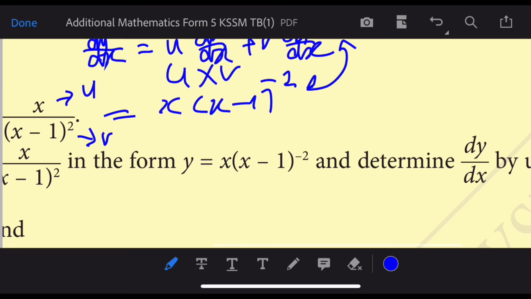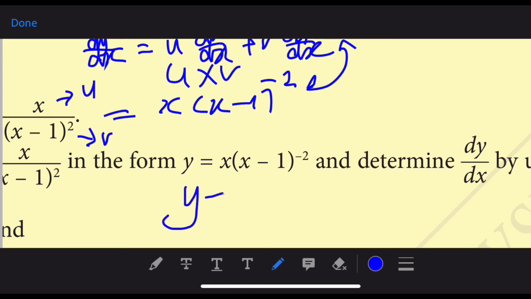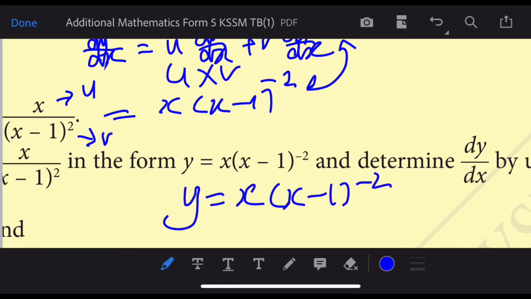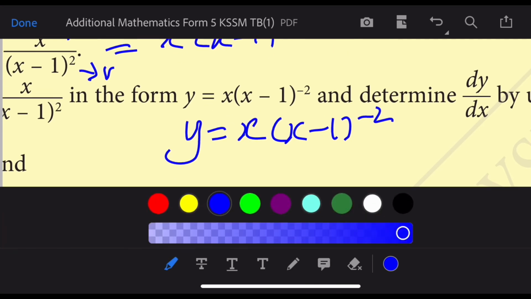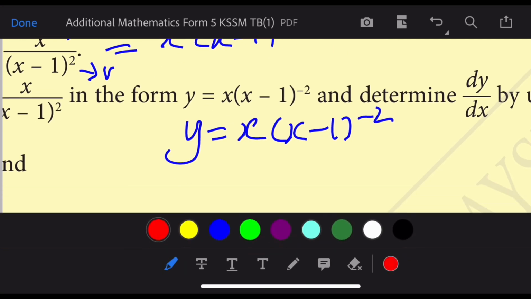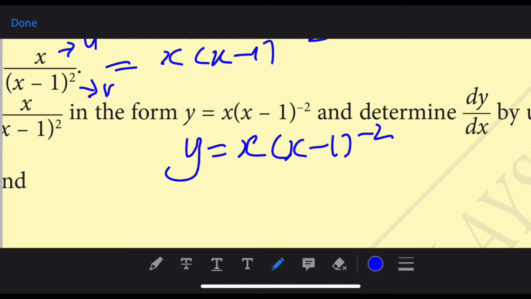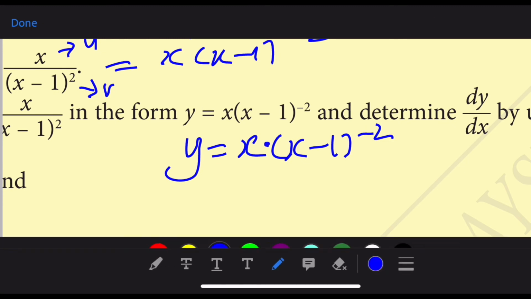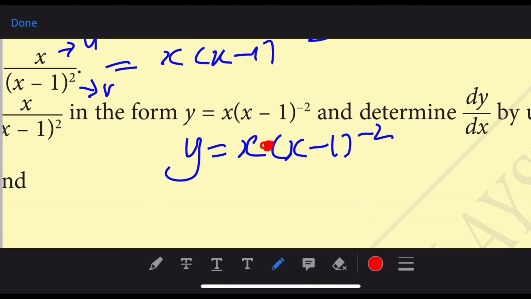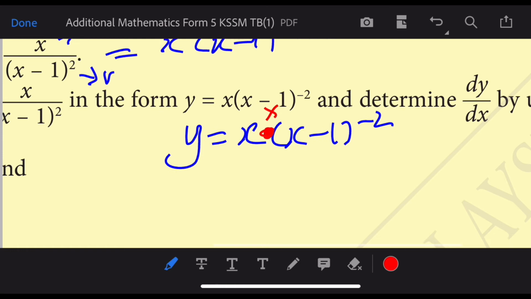Now as I say, you have y equal to (x minus 1) to the power of negative 2, right? So it's a multiply. Can you see there is a multiply? I show you the multiply is here. Normally you use a dot, because a multiply looks like x, which is very confusing, so we use a dot. Now I'm going to teach you how to do it.